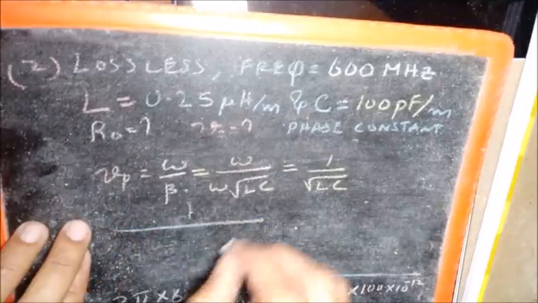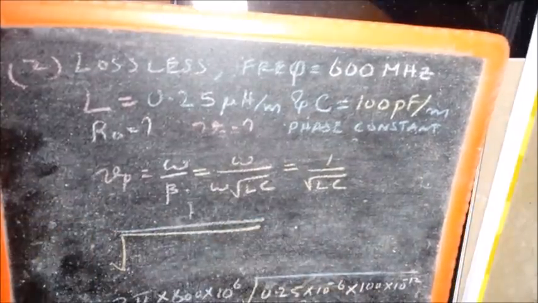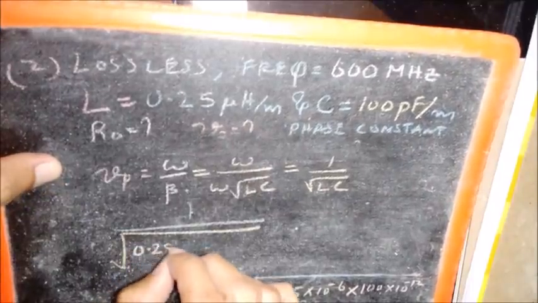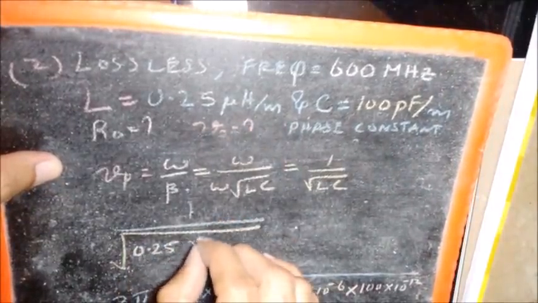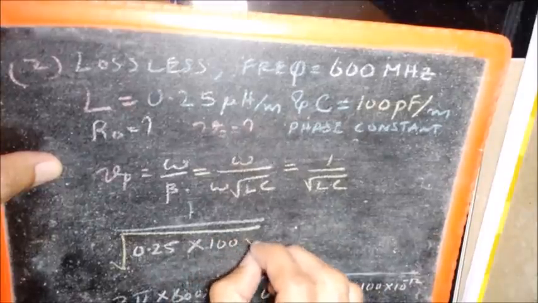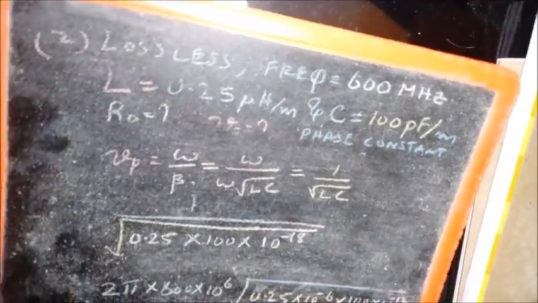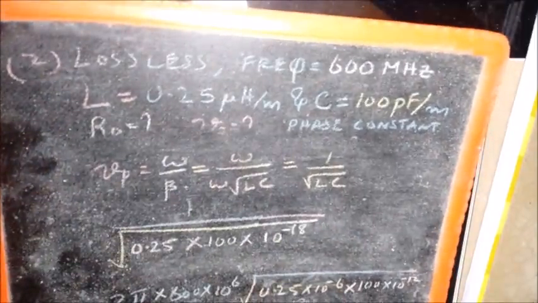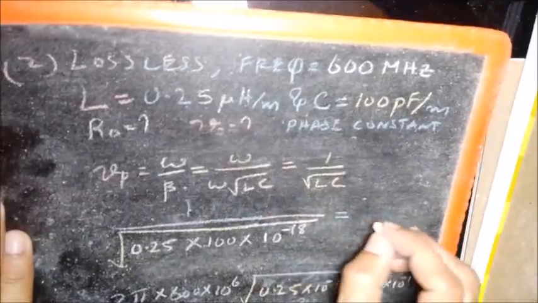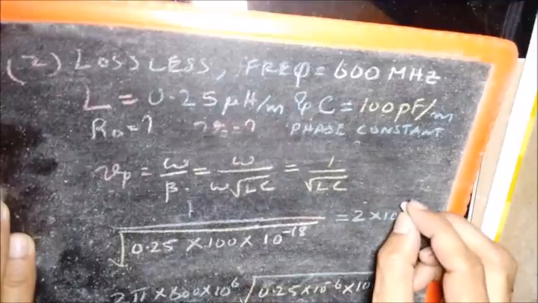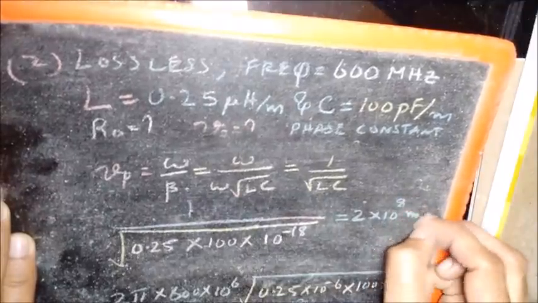That will be 1 by square root of L, which is given to be again 0.25 into 10 power minus 6, and C is 100 picofarad. Together it becomes 10 power minus 18. So 0.25 into 100 into 10 power minus 18, and that turns out to be around 2 into 10 power 8 meters per second.